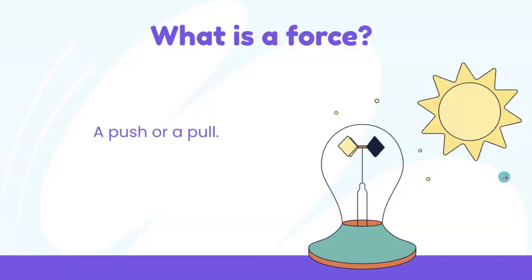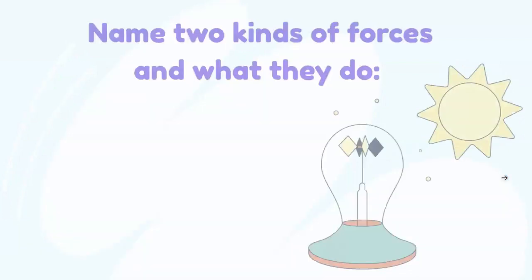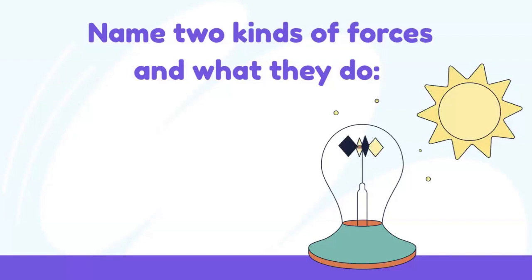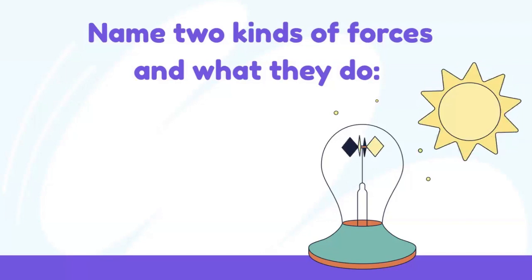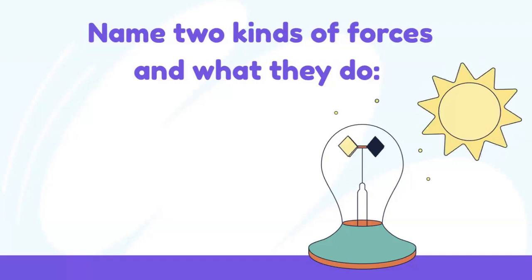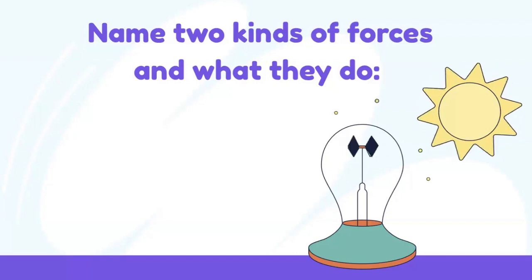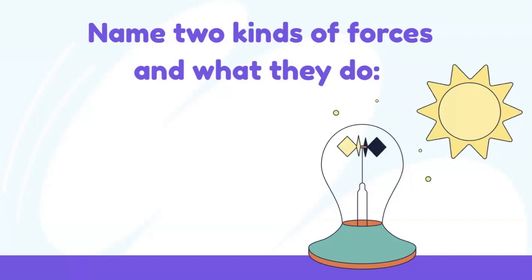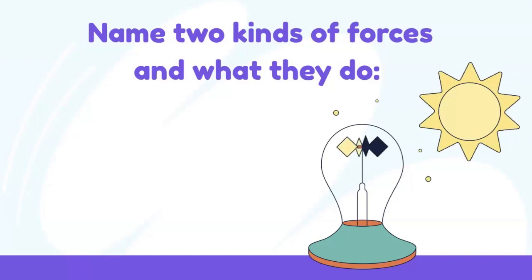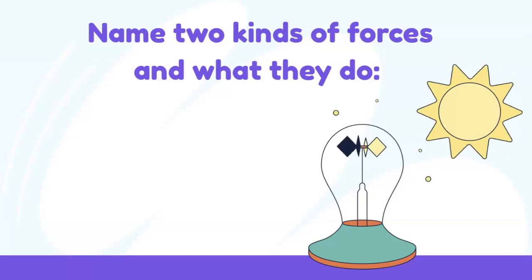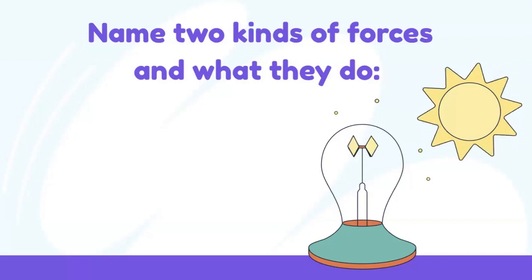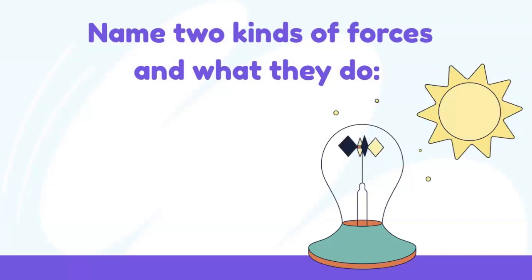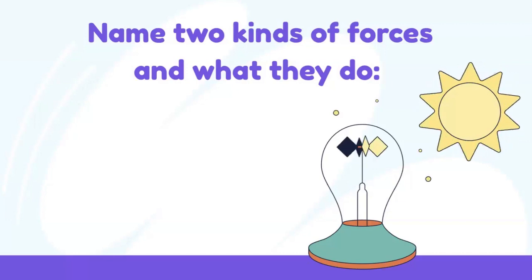Okay. The next question is, can you guys name two kinds of forces and what they do? One force is probably a magnet, because if there's anything metal, the magnetic force will make it go to the metal.